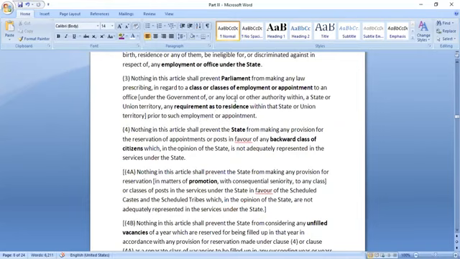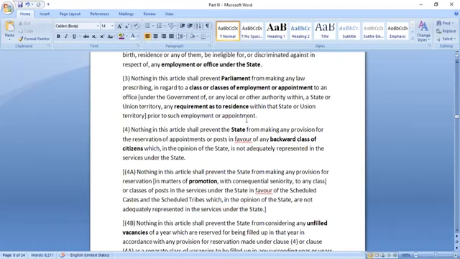Now, Parliament has the power that, regarding certain employments, it can mention a requirement of residence within that particular state or union territory. For certain employments, it might be necessary that the person knows the state, the local language or certain other things, right?